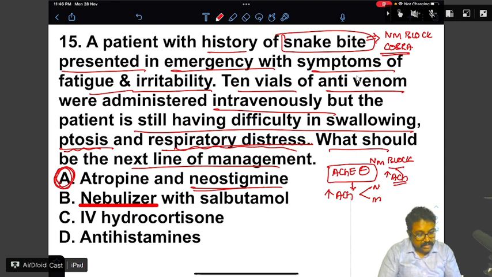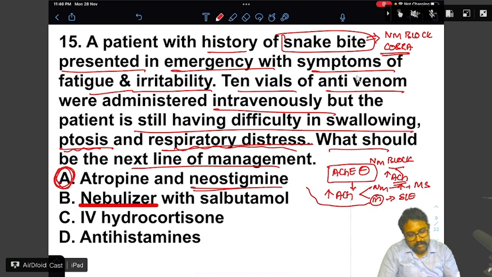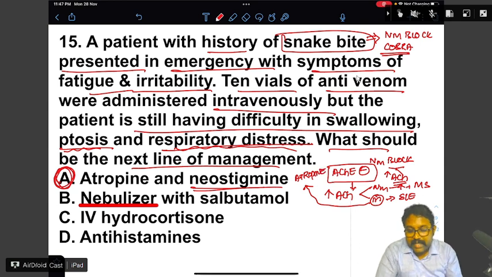Here, NM type of receptors, it will increase the activity and improve the muscle strength, whereas it will also act on the M3 receptor and produce the side effects. To block the side effects of muscarinic action, you are giving atropine. So along with the neostigmine, you need to give atropine in case of snakebite poisoning.